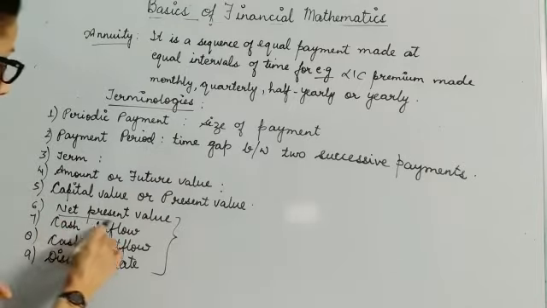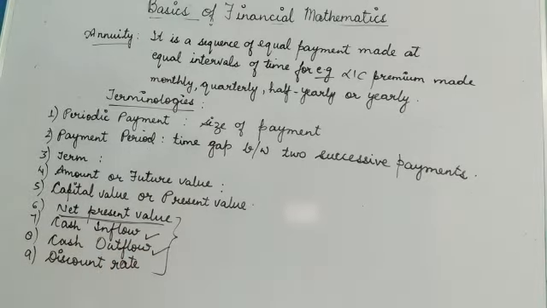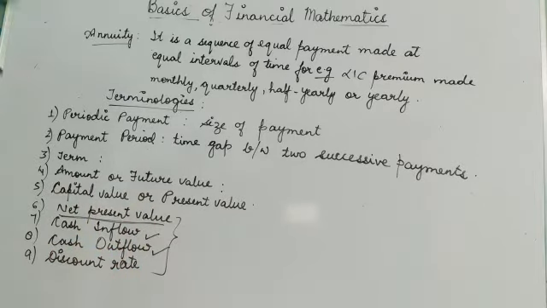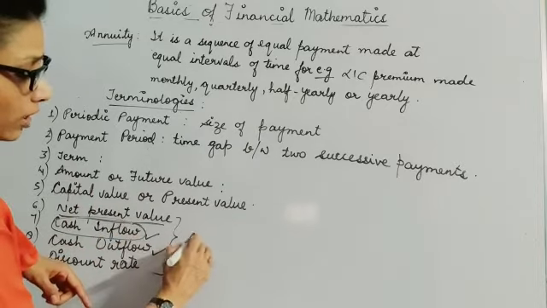To understand net present value, let's discuss cash inflow and cash outflow first of all. Cash inflow is the money coming into a business through different sources.